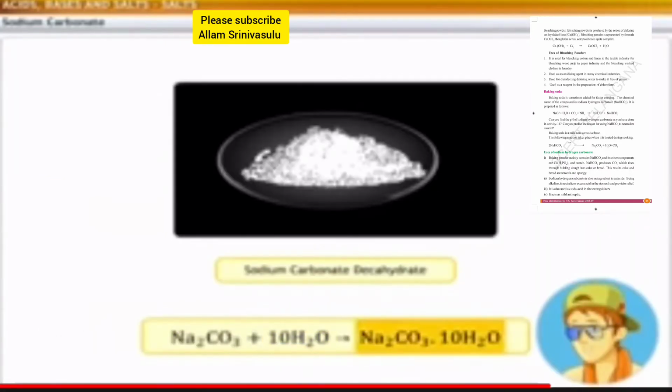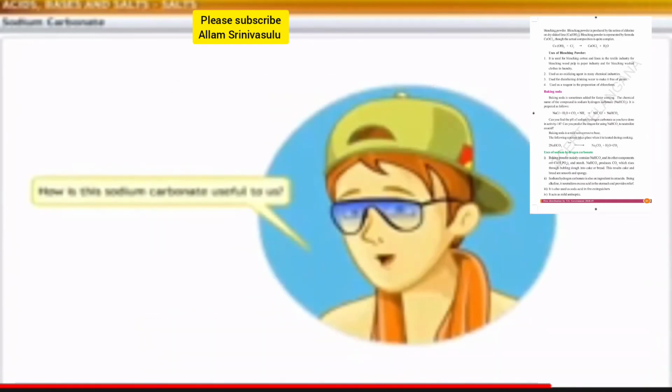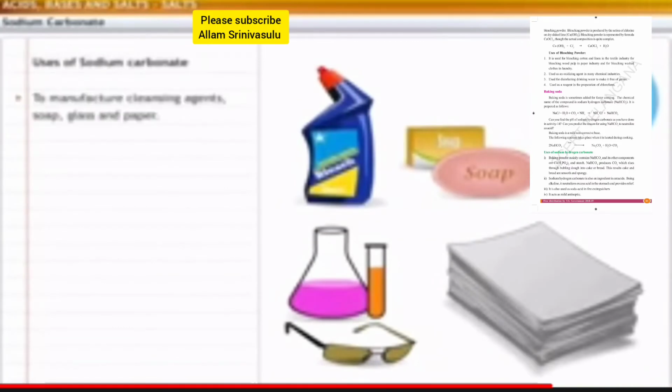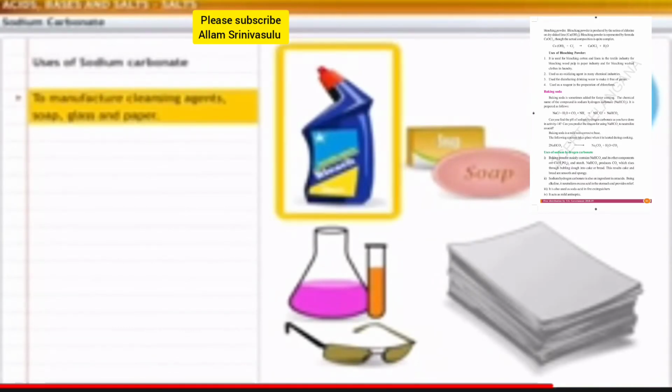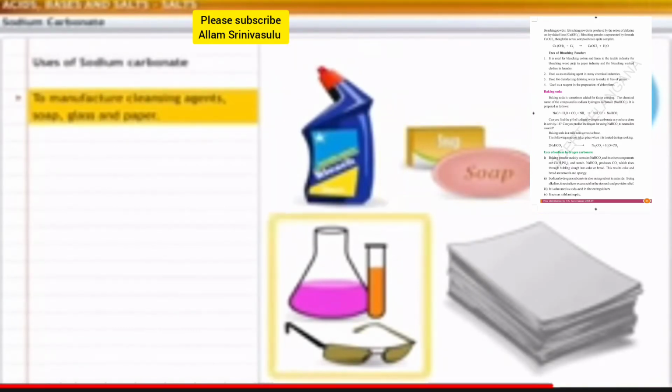Sodium carbonate reacts with 10H2O, forming washing soda. It is used for glass making as well as washing, soap, and in chemical and paper industries.